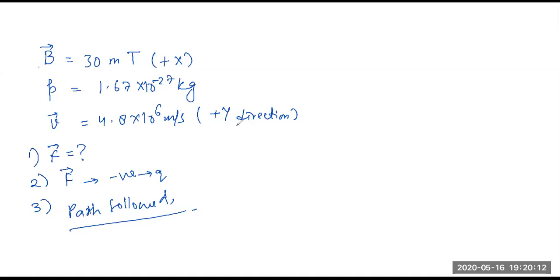You need QVB, right? Yes, I put the wrong value. That m of 1.67 into 10 to the power minus 27 kg is given to you to find out the radius of the circle finally, the path followed, right? For that part they have given you m. For charge, you need to take 1.6 into 10 to the power minus 19. Yes, sir.